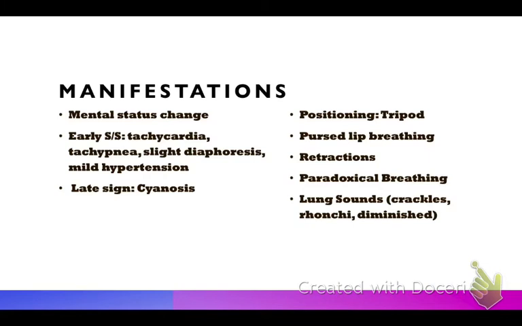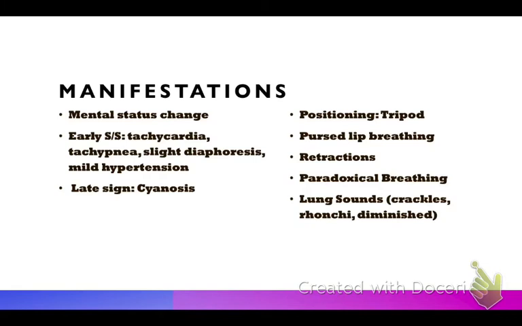Another thing, you may see them positioning. You may see them tripod, where they're sitting, leaned over with their arms out, trying to get their chest to expand and get bigger so that they can have some exchange of air. The pursed lip breathing, where they're trying to blow off that CO2. You may see retractions, where they're using accessory muscles and they're struggling.